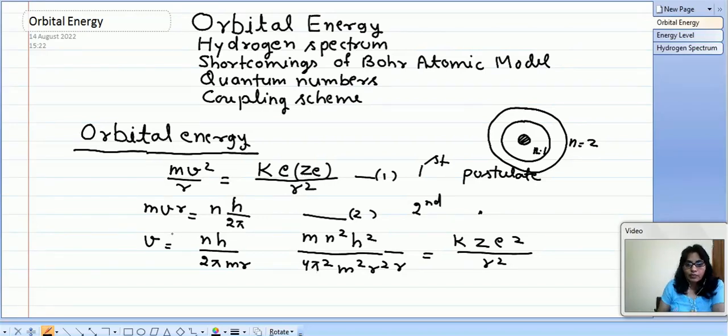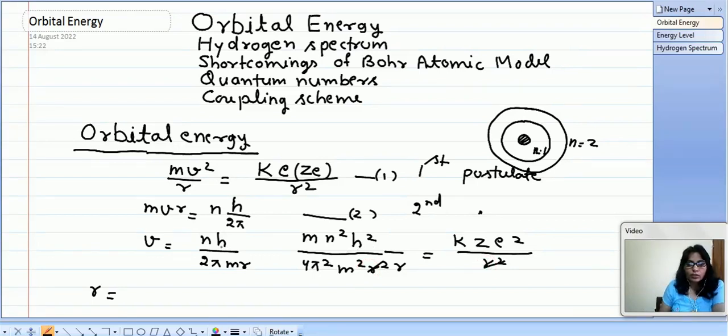And from here we will find the value of r. From this equation we can write the value of r. The r square and r square get cancelled, leaving only this r.